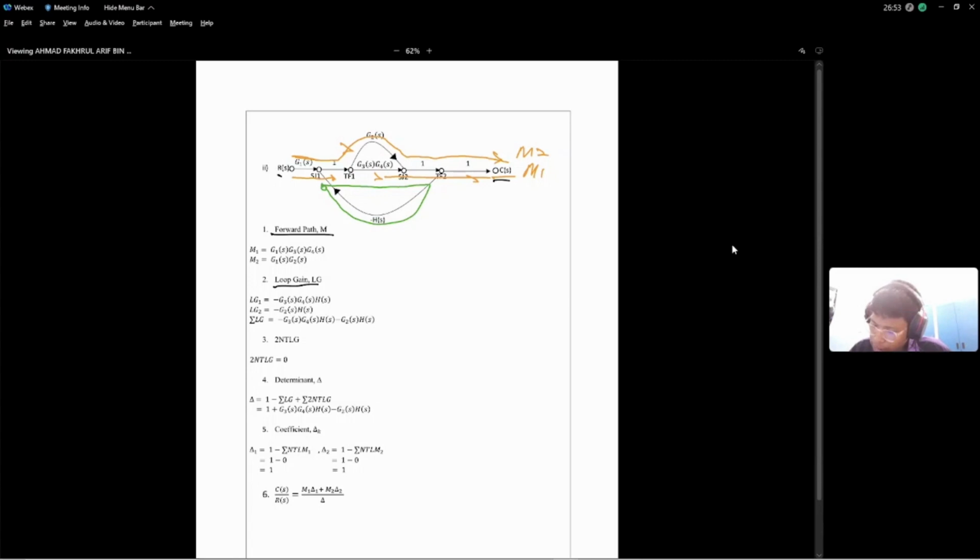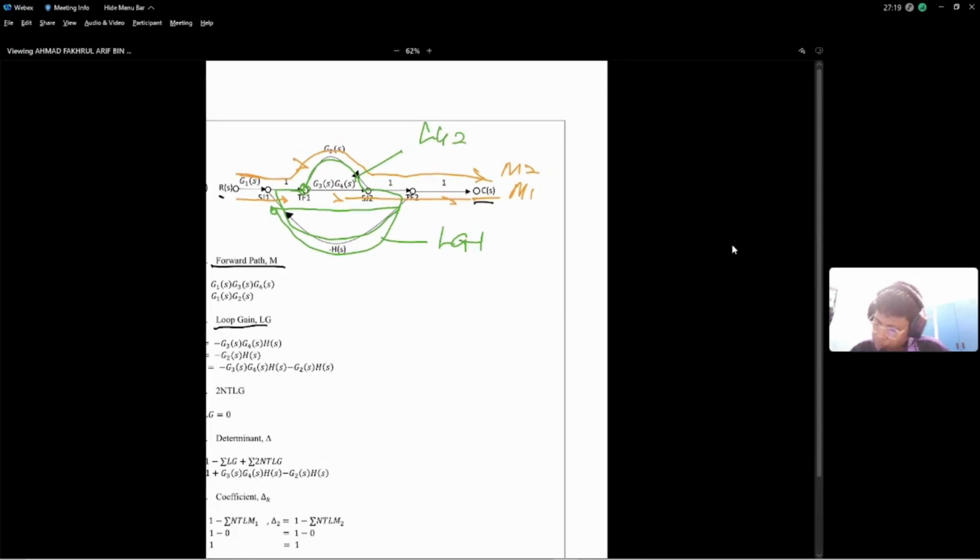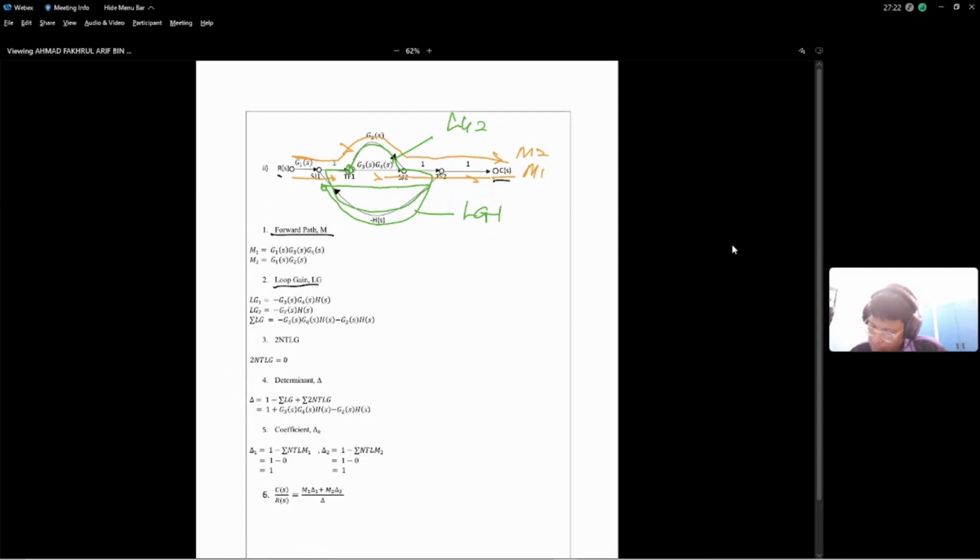It comes back, which means this is a loop gain, loop gain 1. Another one is loop gain 2: negative G2 and H(s). Negative G2 is here, and then this negative H(s), times by 1, times by another 1. So this is loop gain 2. And then we sum the loop gains. Just add all of the loop gains.